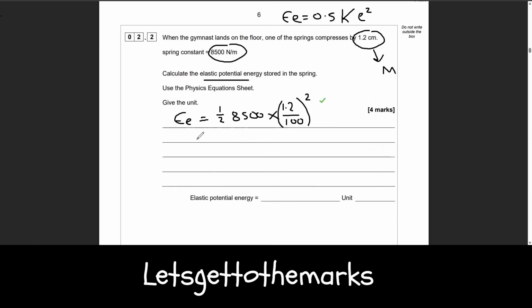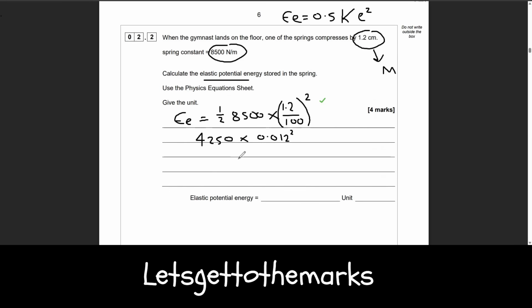So before you square, do the half times 8,500. So 0.5 times 8,500, and I end up with 4,250 times 0.012, and I need to square 0.012.